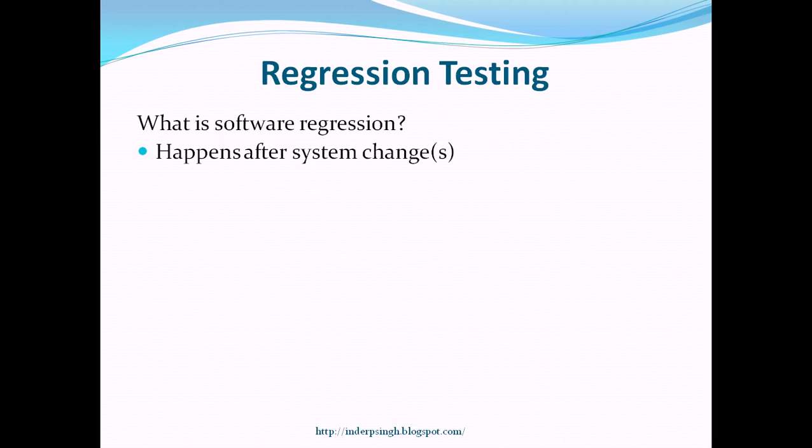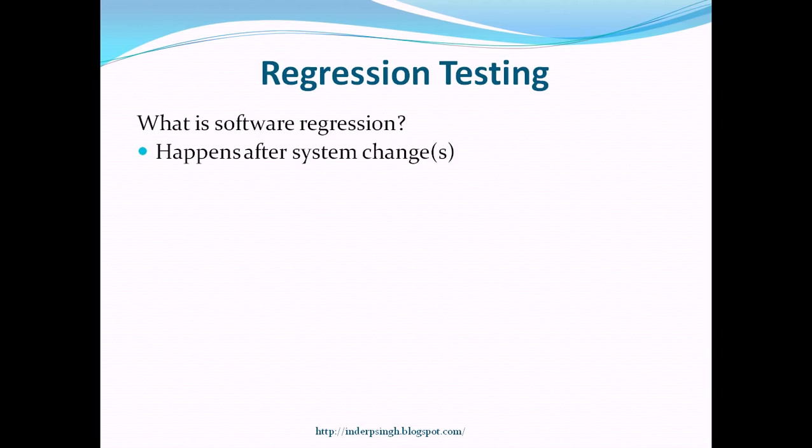For instance, the component being used for data access is upgraded, or there is a new database version, or there is a new browser version within which the software has to operate. Or it can even be some hardware change or networking change, and it can even be some user data change.